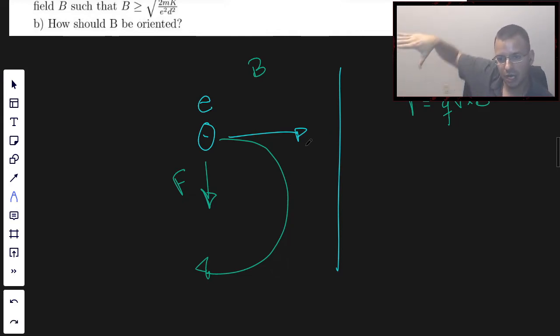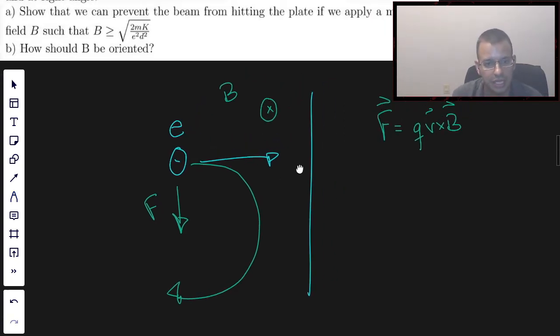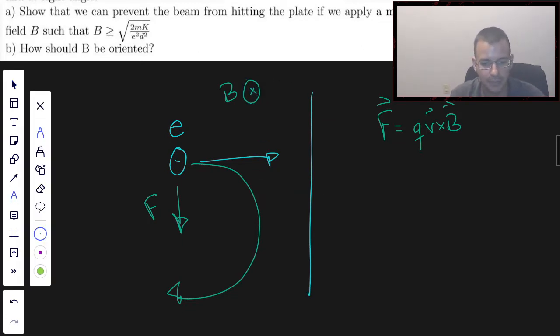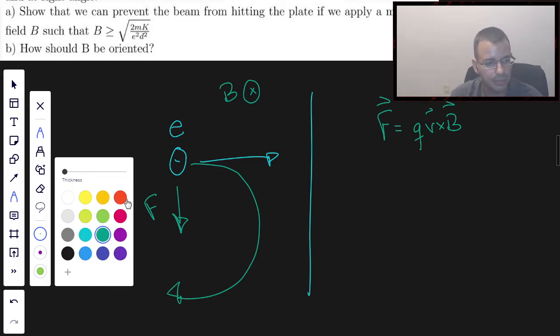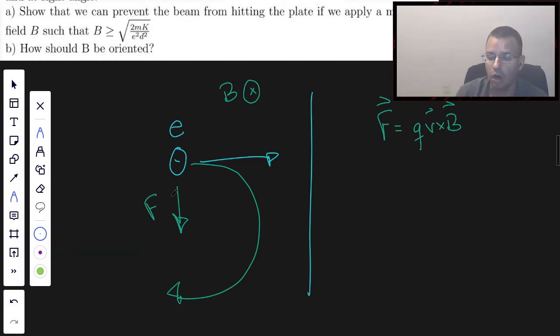So V cross B, and B is going to be into the page. The way I think about this, and it doesn't matter, we can do either up or down. Either way, it'll still miss the wall.